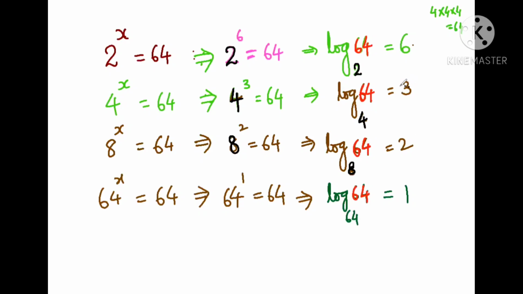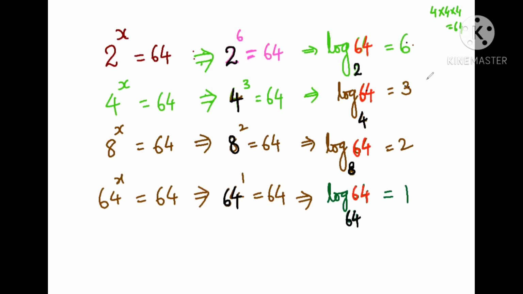4 to the power of 3 is equal to 64. 2 to the power of 6 is equal to 64. Here 64 is also a base, so 64 to the power of 1 is equal to 64. To get the number, we have to raise a fixed number: 2 to the power of 6 is equal to 64.